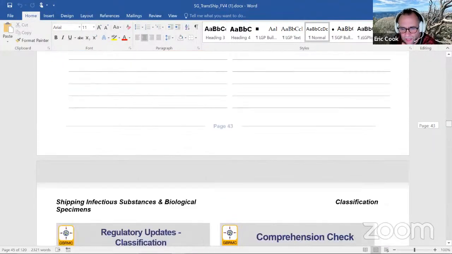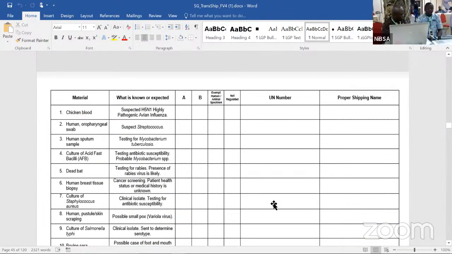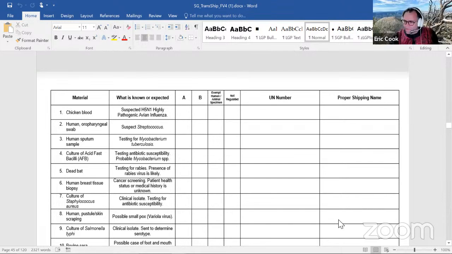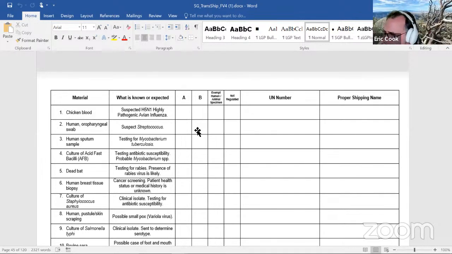Oh, shoot. I got it. There it is. This form. Do you see that one? Is this form available in their printed student guide? Is it there? No, it's not.